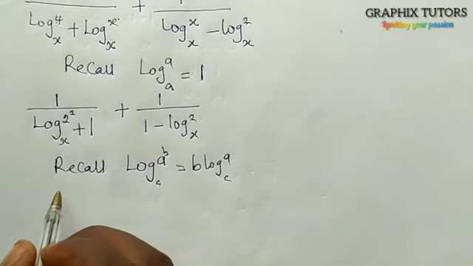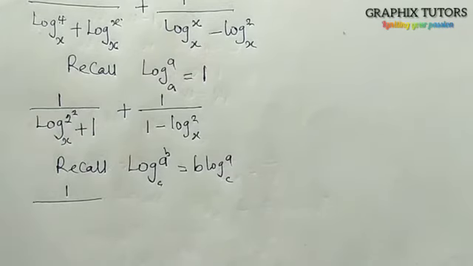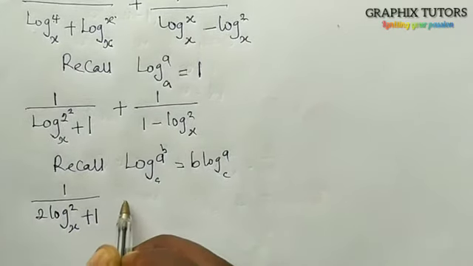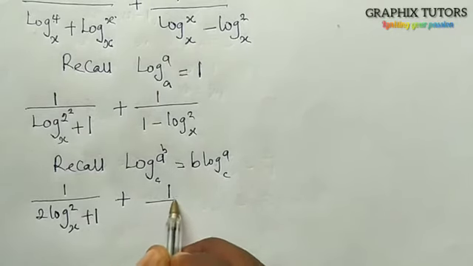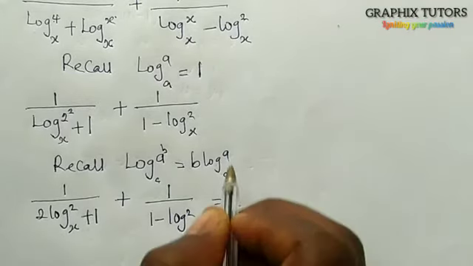So I'm going to have 1 all over 2 log 2 to base x plus 1, right, plus 1 all over 1 minus log 2 to base x equals to what? 2. Let's not forget that.